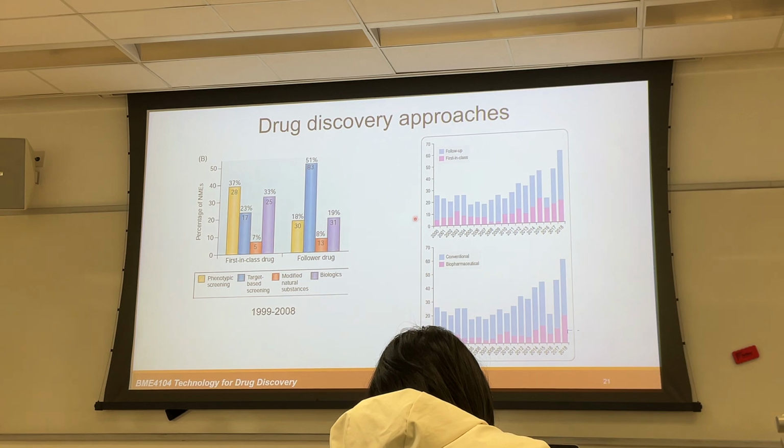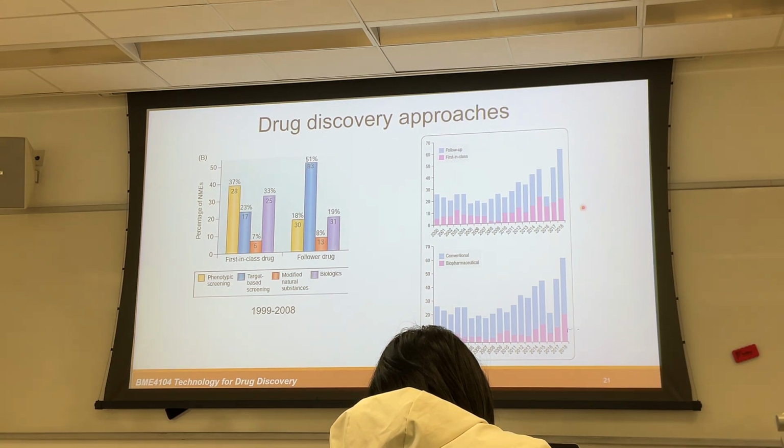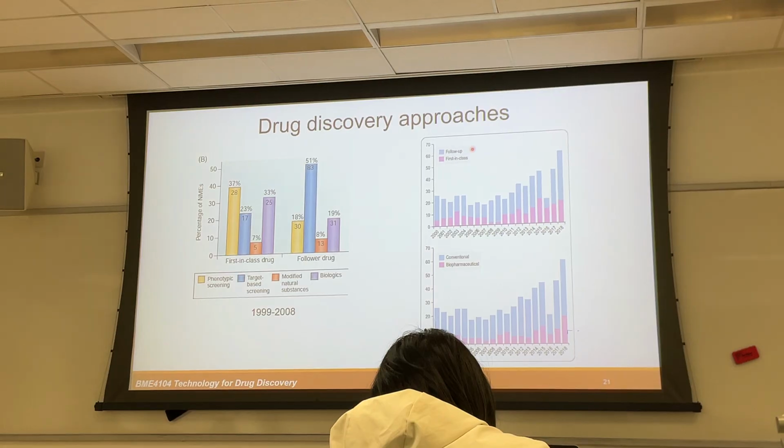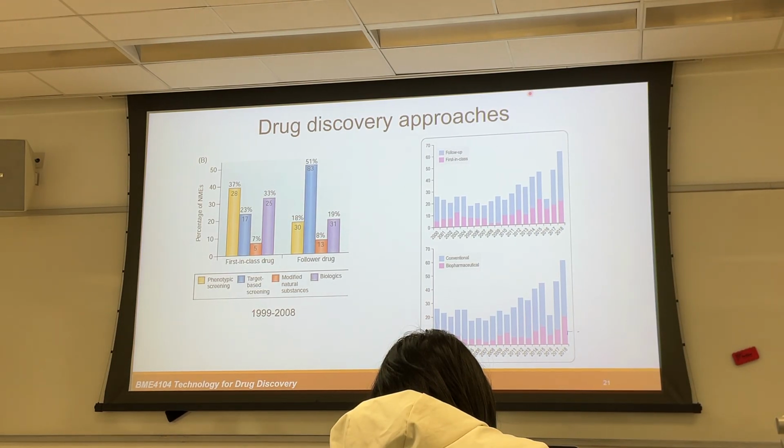And this is how many drugs people discovered along the years. You can see there is a slight increase of first-in-class drugs since they are more difficult to develop. But the follow-up drugs have a much higher number and also a much larger increase along the way, which is expected because follow-up drugs are much cheaper and easier to develop.